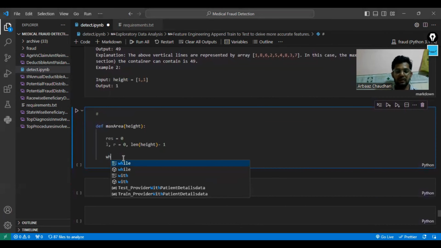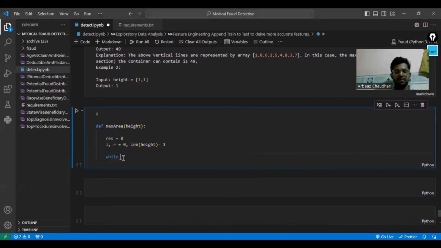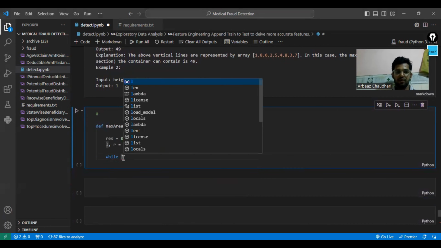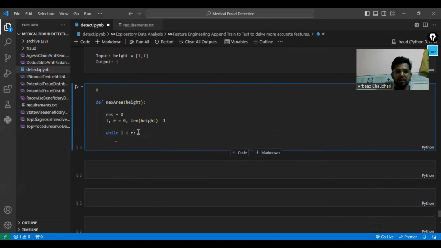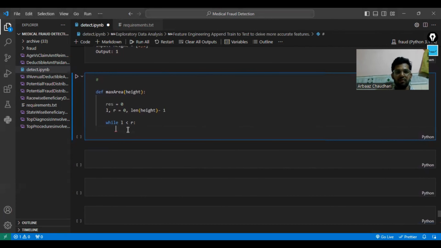So we will be taking a while loop, and what will be our terminating condition? L is less than r. L shouldn't go more than r, or be equal. Only while L is less than r will we keep checking.